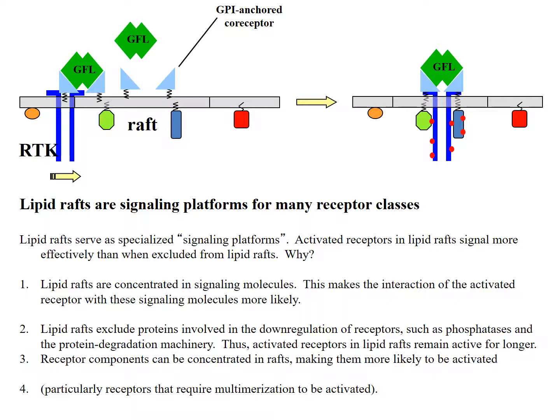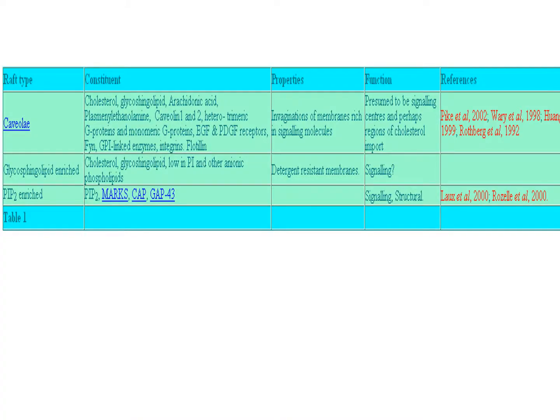So a raft allows a lot of these players to be right there together, and so you go very quickly to this state once there's been a detection of some type of hormone or other signaling molecule from outside the cell, and you can start assembling these proteins together and start getting a lipid raft.